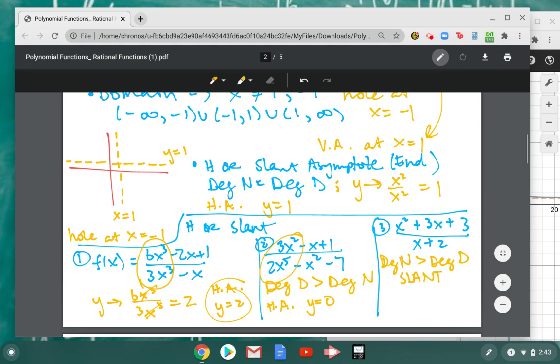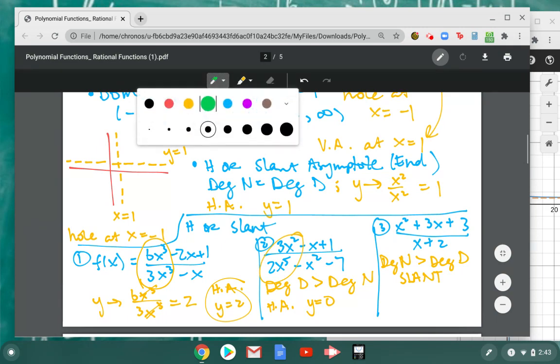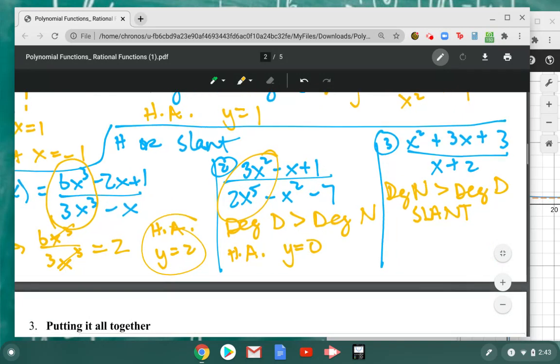And I need to do just a little bit of long division. Do you think I can write it that tiny? I'm going to try. I can actually make this bigger. So let's do x plus 2 into x squared plus 3x plus 3. The nice thing is I don't need the remainder. X into x squared goes x times. That's going to give me x squared plus 2x.